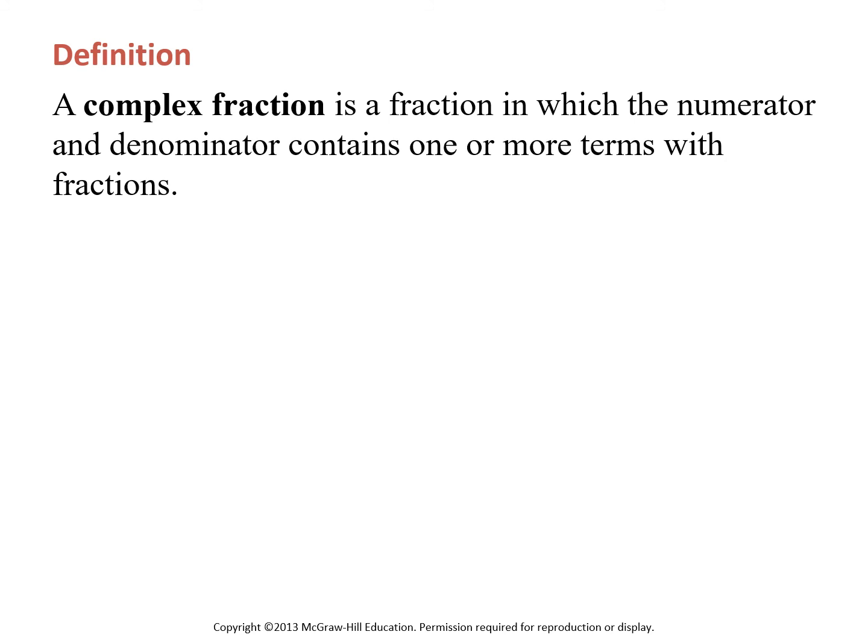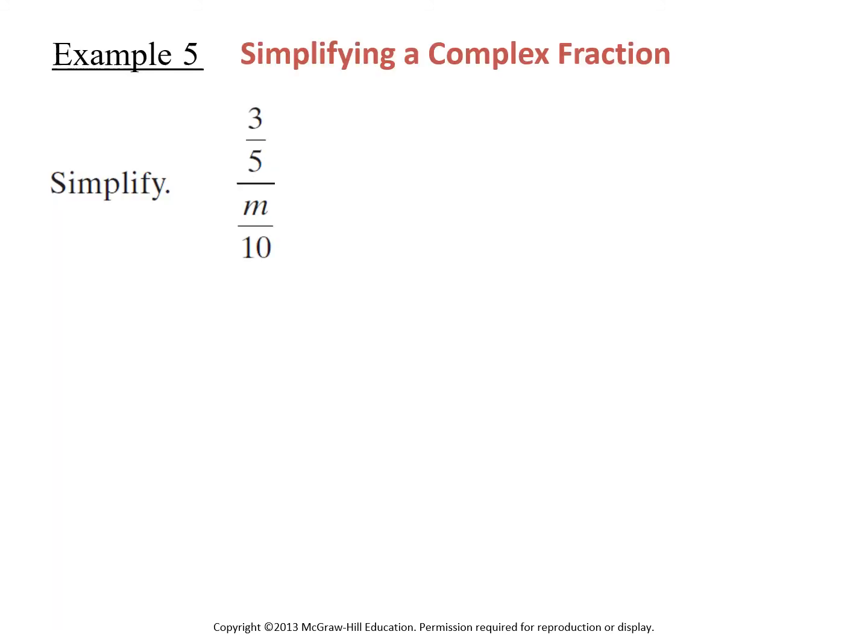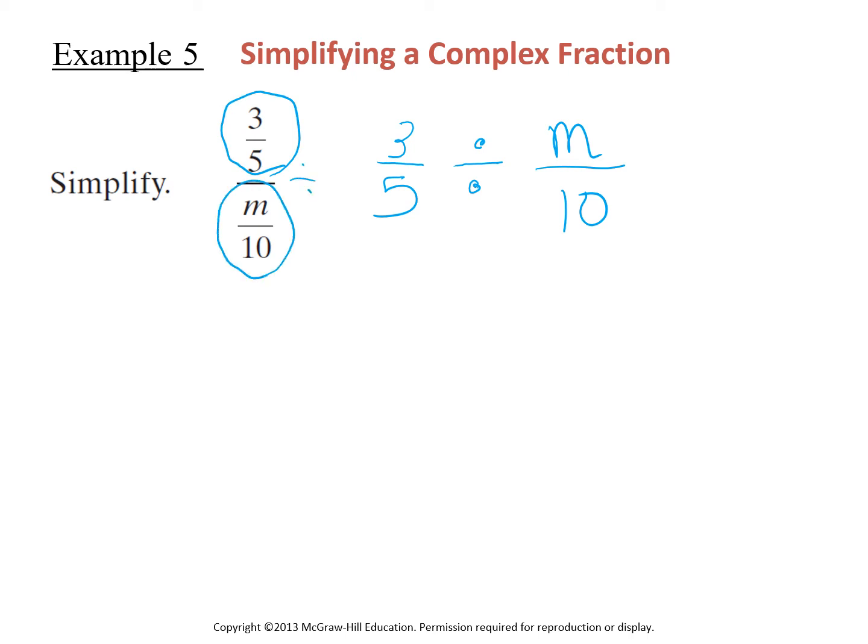So a complex fraction means your numerator and denominator also could be fractions. So here I have 3/5 over m divided by 10. So this is 3/5 divided by m over 10. So we have this fraction divided by this fraction.